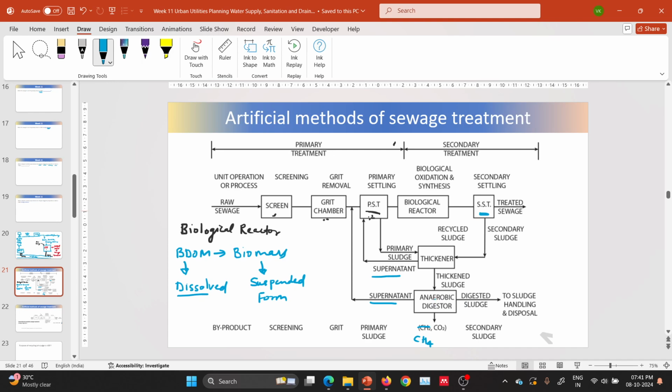Then the solids which are produced from the sludge are called digested sludge, and that is then further handled. We can send it to the sludge drying beds, and then it can be used as fertilizer for agricultural purposes. So for sludge handling, it can be sent to the drying beds.